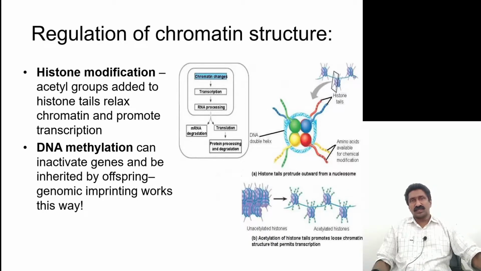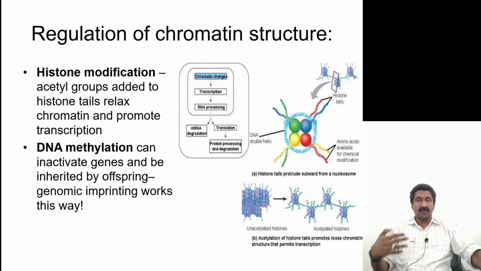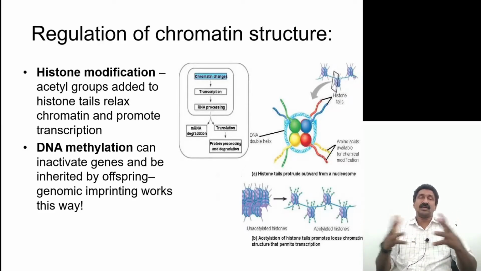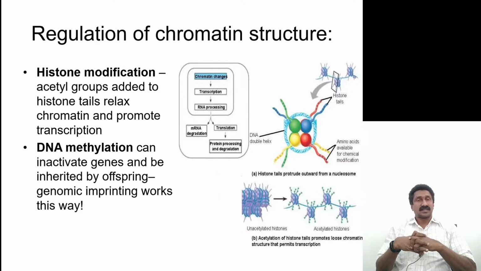So in this picture we can see that there is a chromatin change. That means the condensed chromosome is unwound and the free chromatin is now made available for the transcription machinery. Then transcription occurs, RNA processing, splicing mechanisms, all these things will happen. Then after the RNA processing, the processed mRNA may be subjected to degradation without going for translation, or it may be translated and subsequently the translated protein may be modified or degraded, or it may be used for the cellular activities.